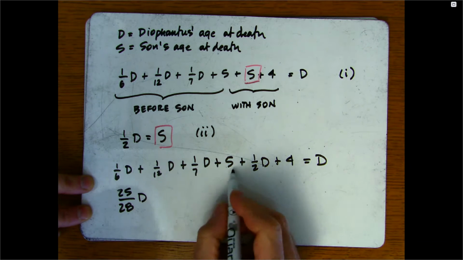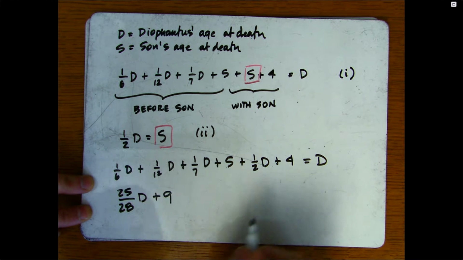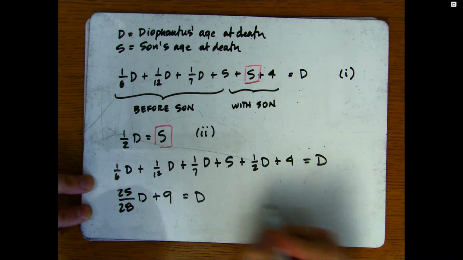And then the 5 and the 4, that'll be 9. And that will equal D over here.